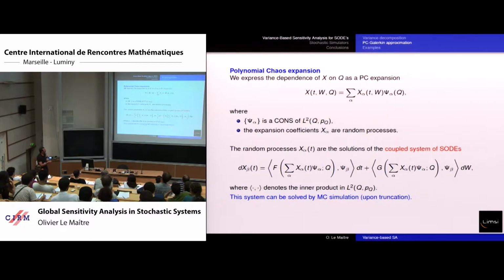And you will notice that if you gather all the coefficients X beta in a vector, you end up with an equation that has exactly the same structure as previously, except that previously you had a scalar equation, and now it's a vector equation. But otherwise, you can still recognize here a drift term, and here a diffusion coefficient term.